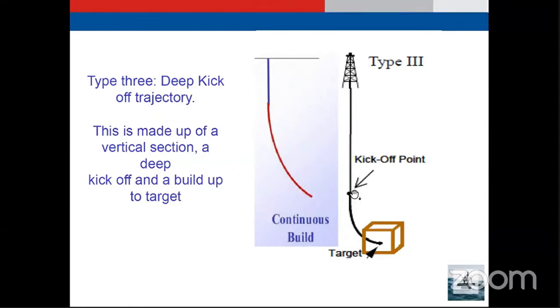When I reach the kick-off point, I will start building the angle. If I start building the angle and reach 90 degrees, I call it horizontal drilling. If I do not reach horizontal drilling, I keep it as a deep kick-off point.